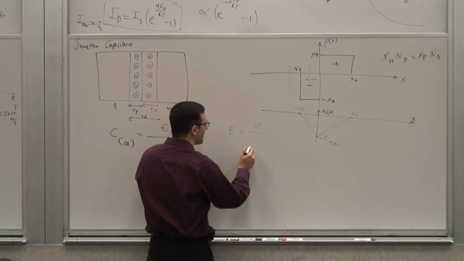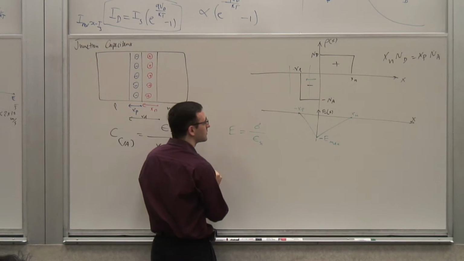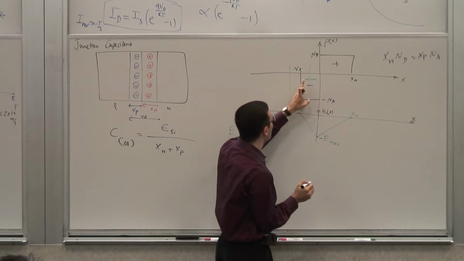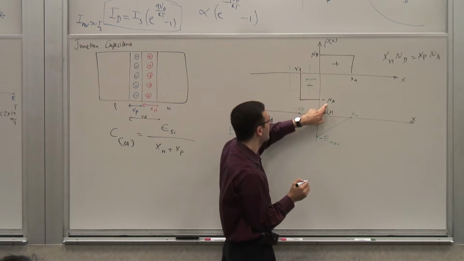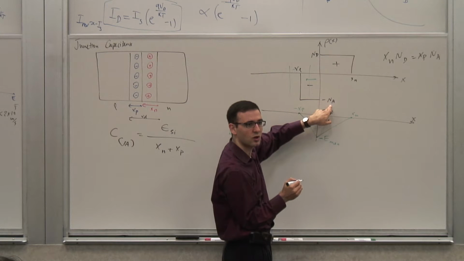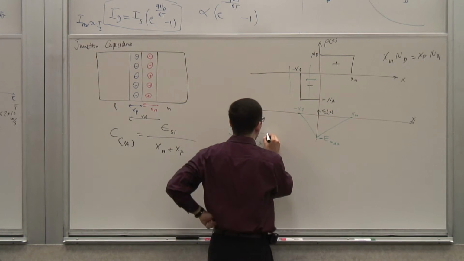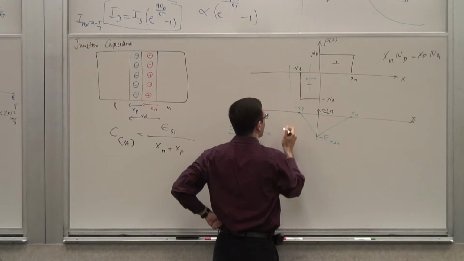So I need to calculate my surface charge density. Right? What is my surface charge density? If Q NA is my volume charge density, then the surface charge density is that times xp.